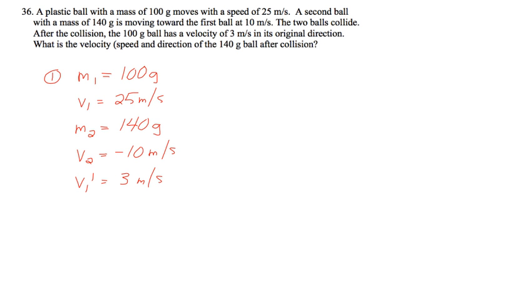Now, if it changed direction, I would make this number negative, because it could have hit and bounced back. I'm saying that it hit and continued to move in the same direction. Again, I just made that number up. So v2 prime is now our unknown.